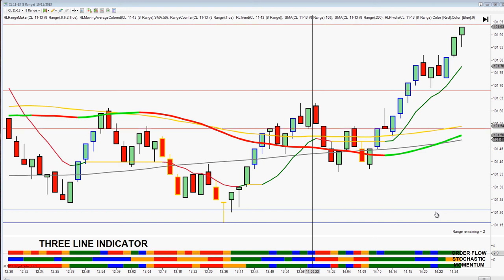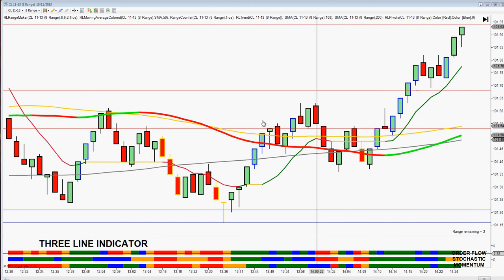Because to take a trade in the direction of the market on higher time frames is always advantageous. What the three-line indicator allows you to do is just that without having to look at multiple charts. It does the heavy lifting for you and makes these assessments for you.